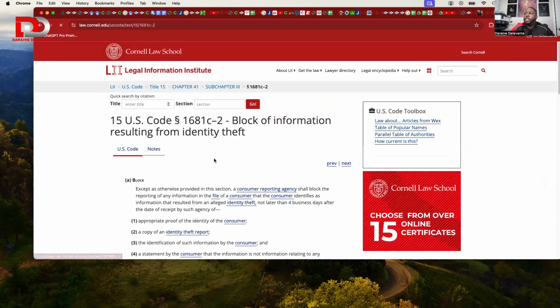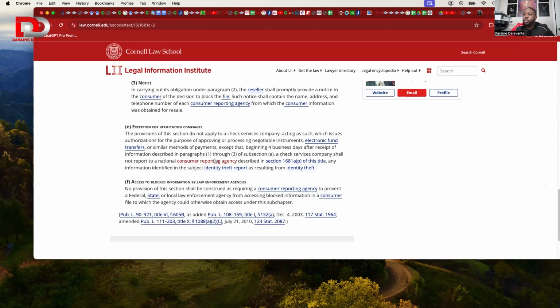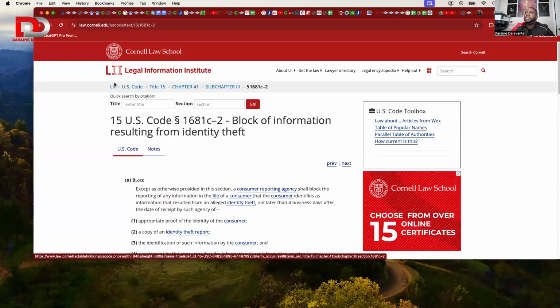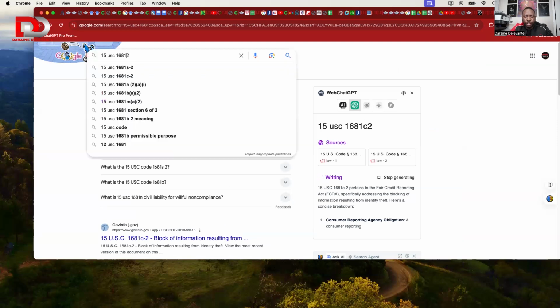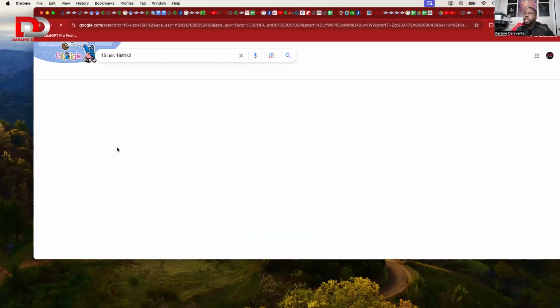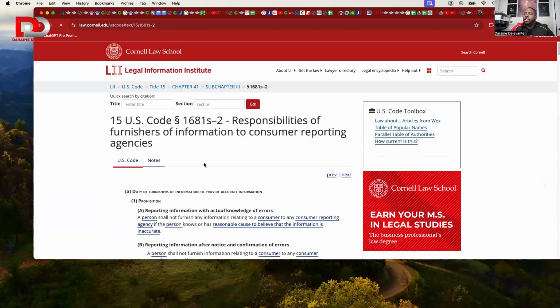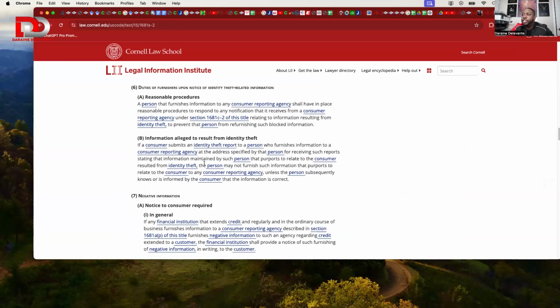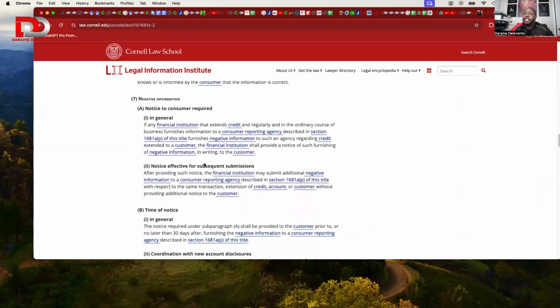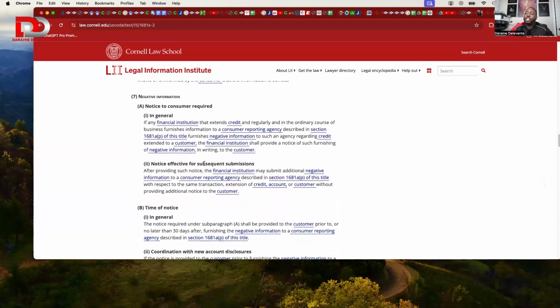When we go to 15 USC 1681 C2 and we scroll down to S2, you will see that there requires a notice for information relating to negative information. So it's called the negative information notice, right?